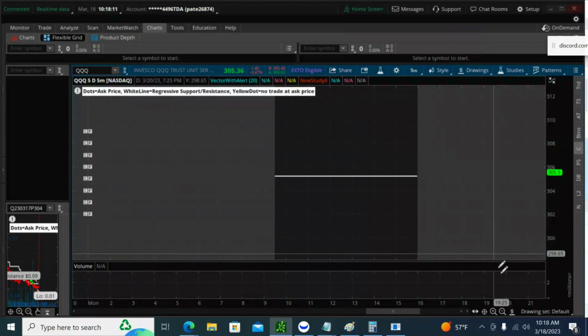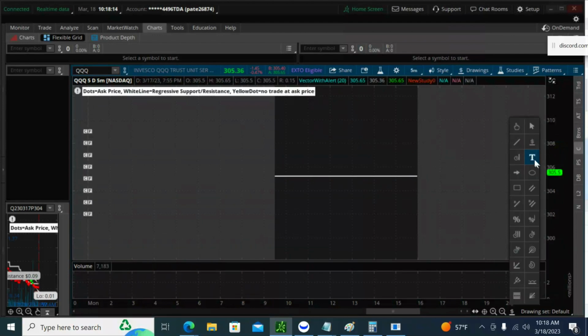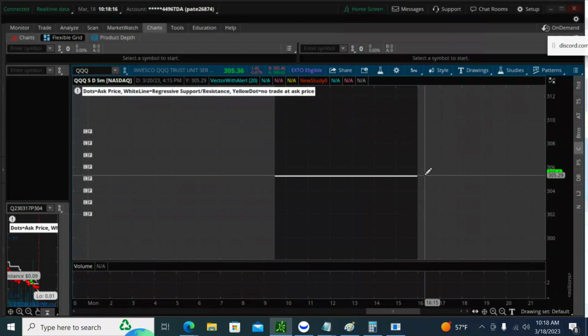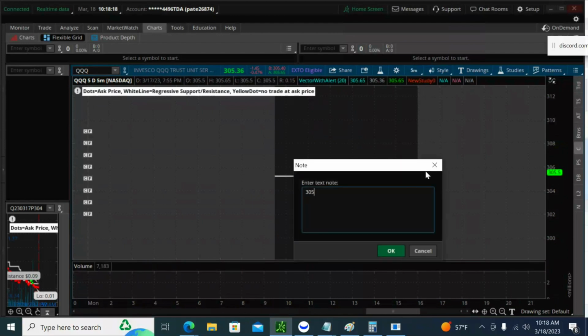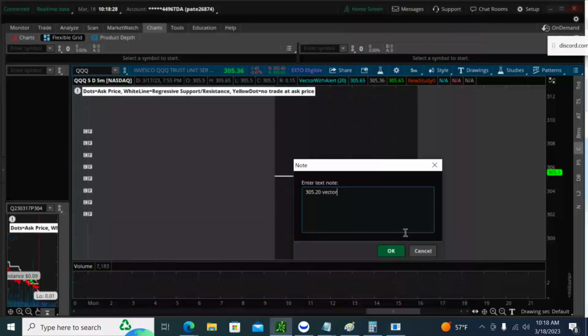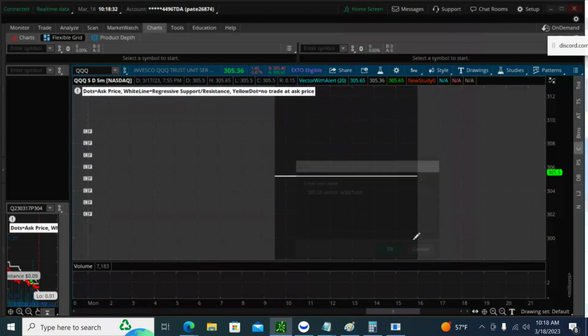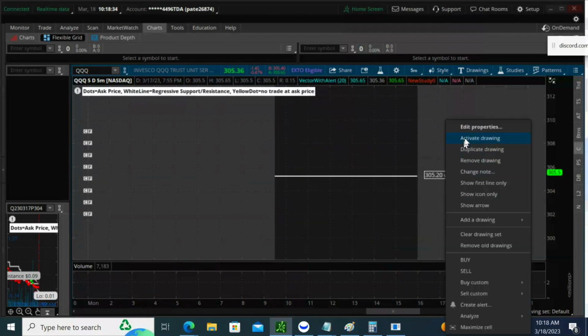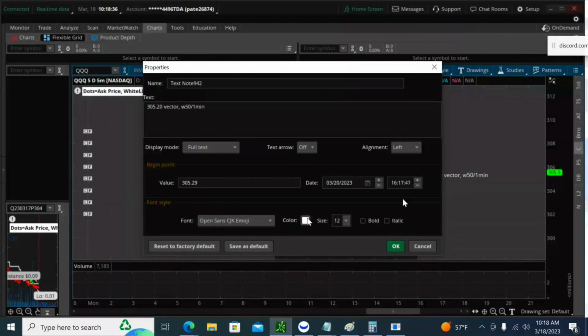And if I'm on live stream showing this and it looks stupid, you can yell at me. I'm like, hey, pay attention. 305.20 vector. And then sometimes I'll call out that it's a 51 minute, that way I know how to track it. And usually, not always, I'll do purple.